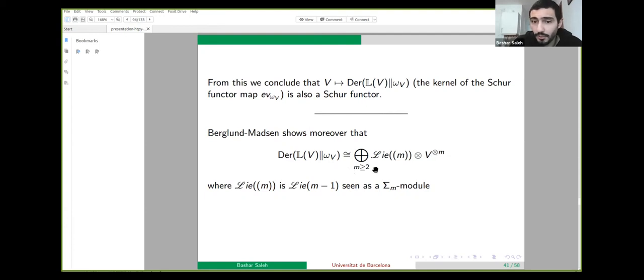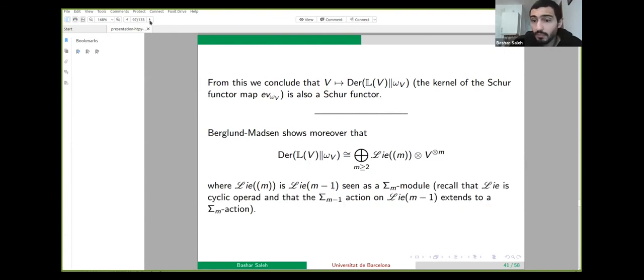Lie double bracket m is the Lie operad at arity m-1 seen as a sigma_m module, and this is possible because Lie is a cyclic operad, and the sigma_{m-1} action extends to a sigma_m action on this sigma_{m-1} module.